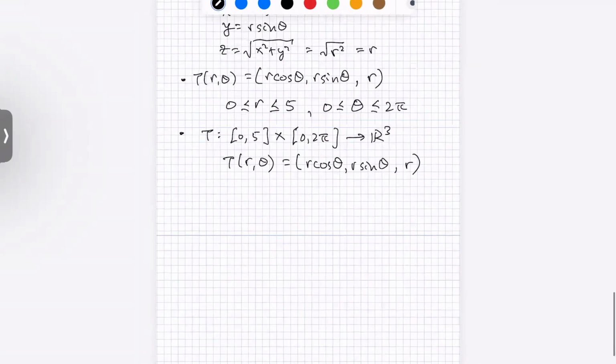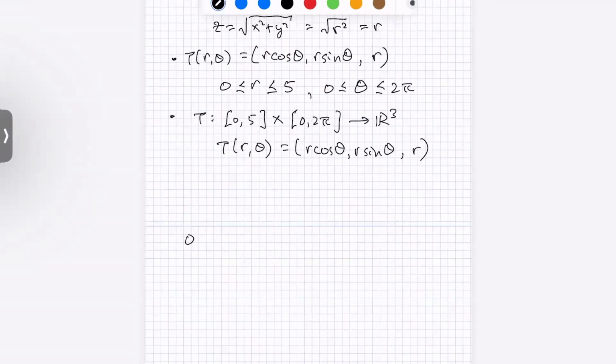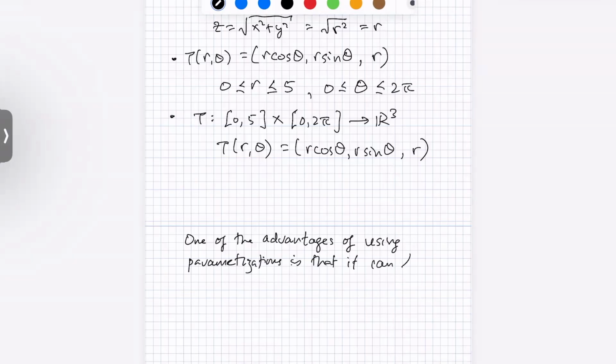Now, there are many, many different kinds of surfaces. One of the advantages of using parametrizations is that you can use them for both so-called functions and non-functions. So what do I mean by that?